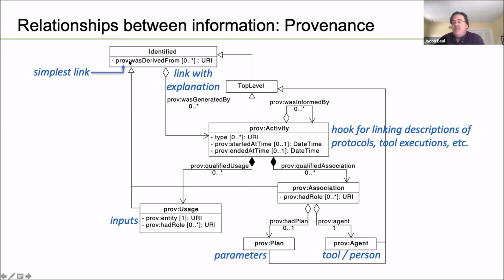The was derived from link is essentially just a simple link that says it came from over there, no explanation, no follow-up questions, or an activity linked with a was generated by, which is essentially a link with an explanation where you can add in information about different roles, parameters, tools, etc., that were involved in getting from point A to point B. And that's what you use for describing, say, the protocol that you used in an experiment to generate data.